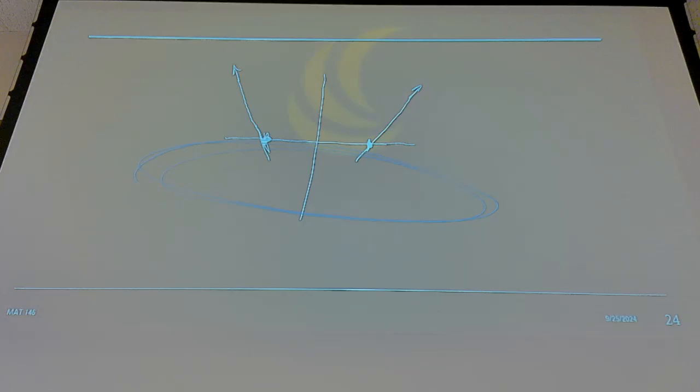Unless we know that the y-intercept is beneath the x-axis. Actually, even then, we don't really know. If I say that is the y-intercept, it doesn't mean that that's the turning point.